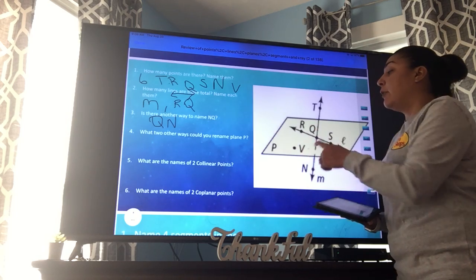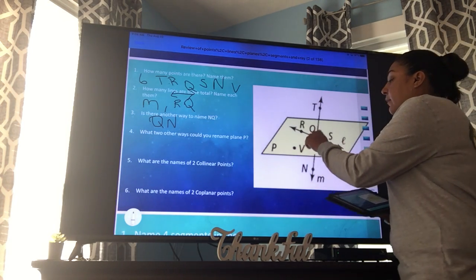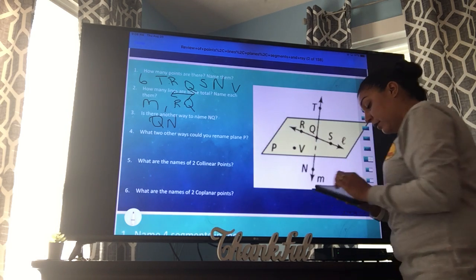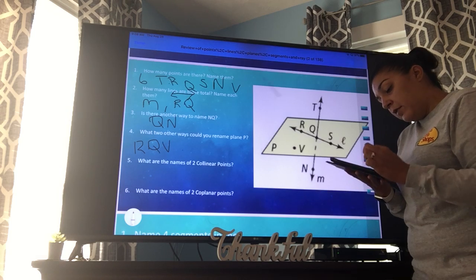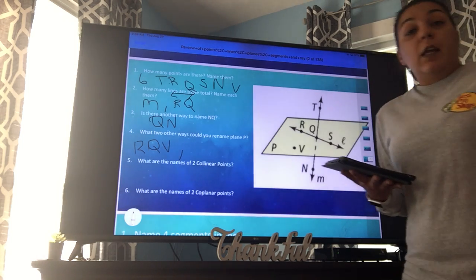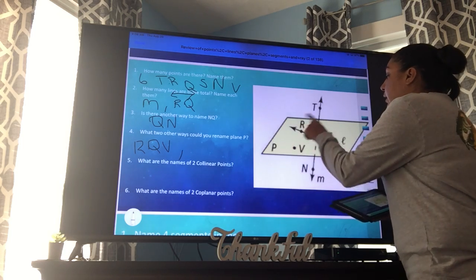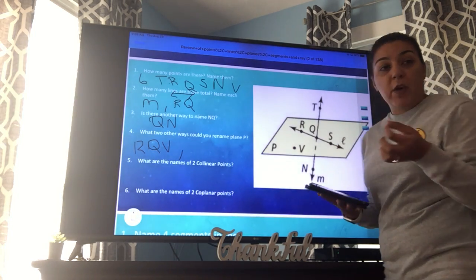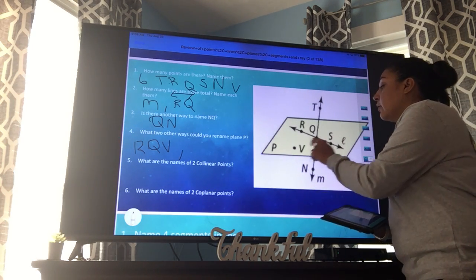In this case, our only random point is V. So for the first one, I'm going to pick RQV. Okay, and I need one more, so I'm going to say any point on here just cannot be any of these, and it can't be the little m because we need 2 points, not the title of a line. So I'm going to say SQV.